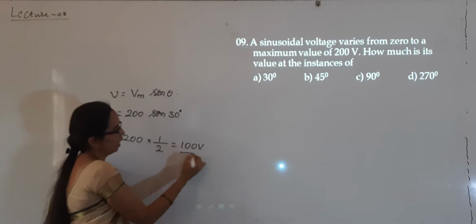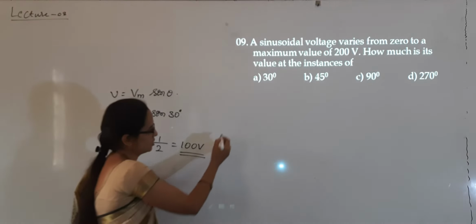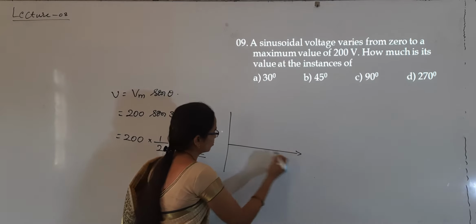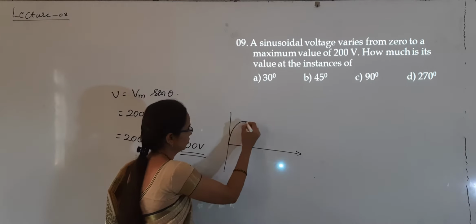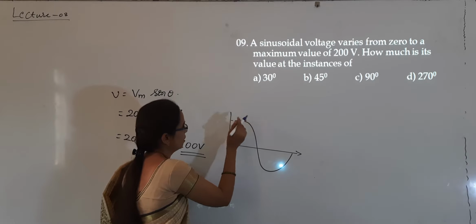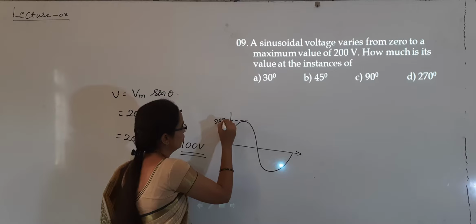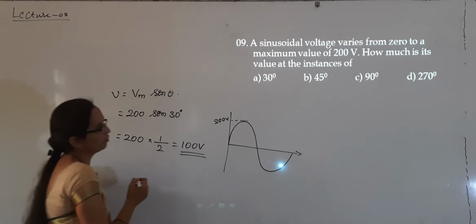100 volt. When a sinusoidal signal reaches, they have given this is a sinusoidal signal, 200 volts is a peak value.